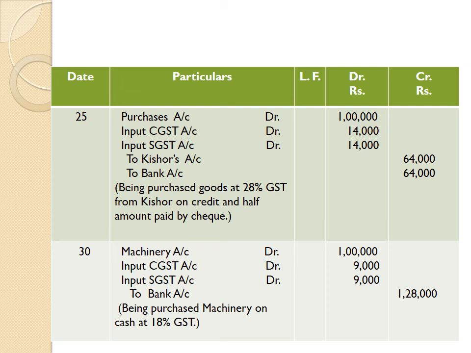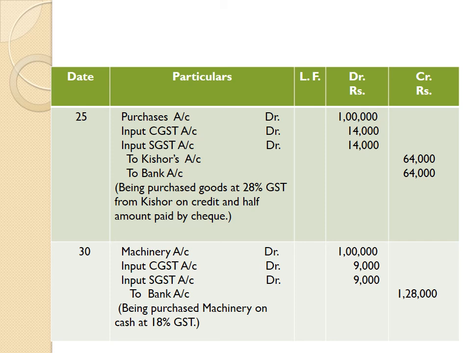Then on 30 May 2021, purchased a machinery on cash at 18% GST. So cost of machine is 1 lakh. GST on 1 lakh at 18% came to rupees 18,000.